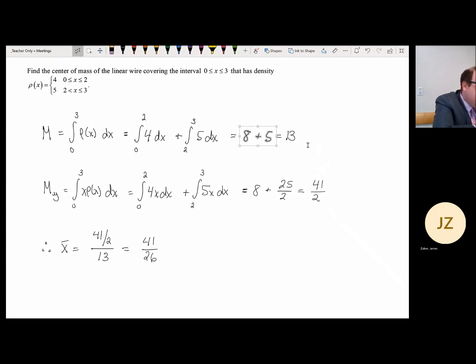Which doesn't make sense to me, the way I'm thinking of it. Oh, wait. Never mind. The 5 kilograms is from 2 to 3. It's not actually perfectly split. Okay, that does make sense now. I was thinking half of it was 8 and the other half was 5. That's not how this works. 2/3 of it is 8. 1/3 of it is 5.